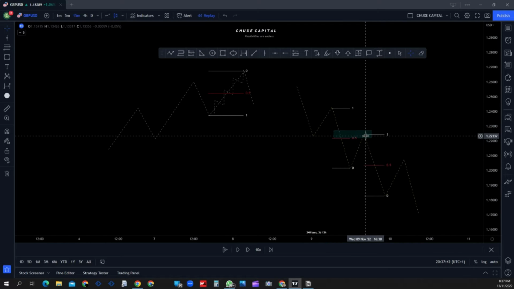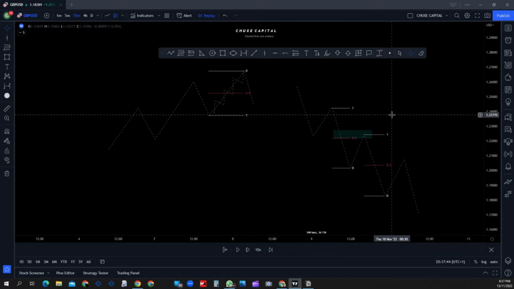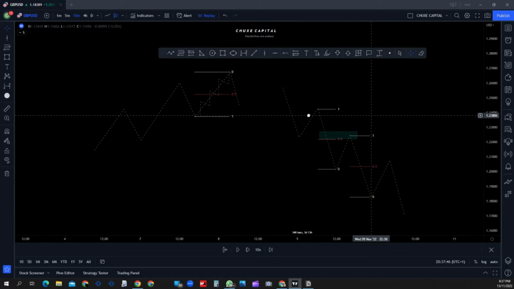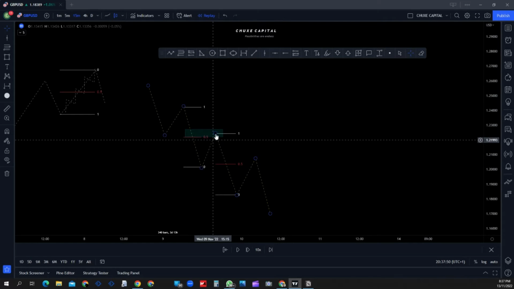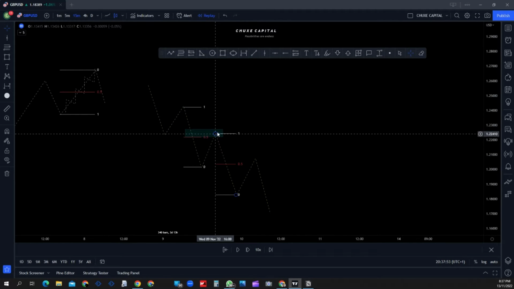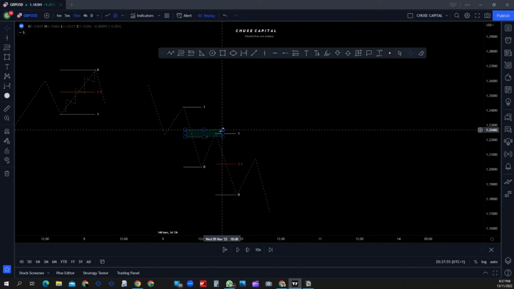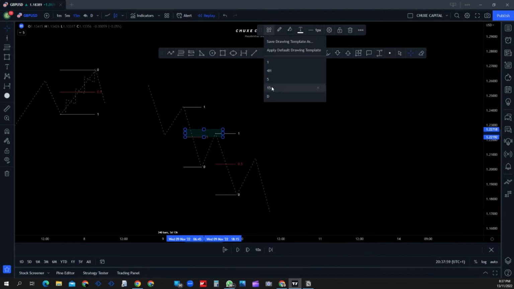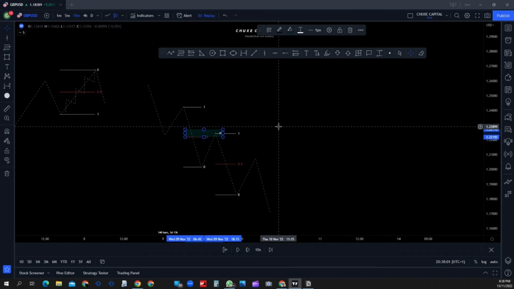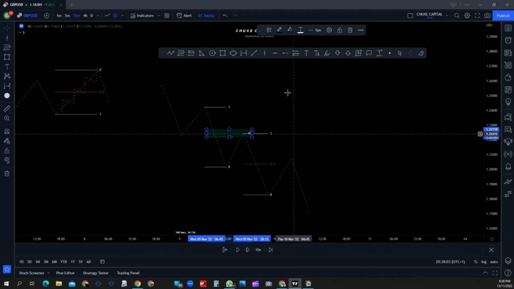Now, the second thing is entry models. We have specific entry models that we are looking at to get in. So when price comes into our 15 minute blocks, other blocks that we've identified, we then enter trades using specific entry models.